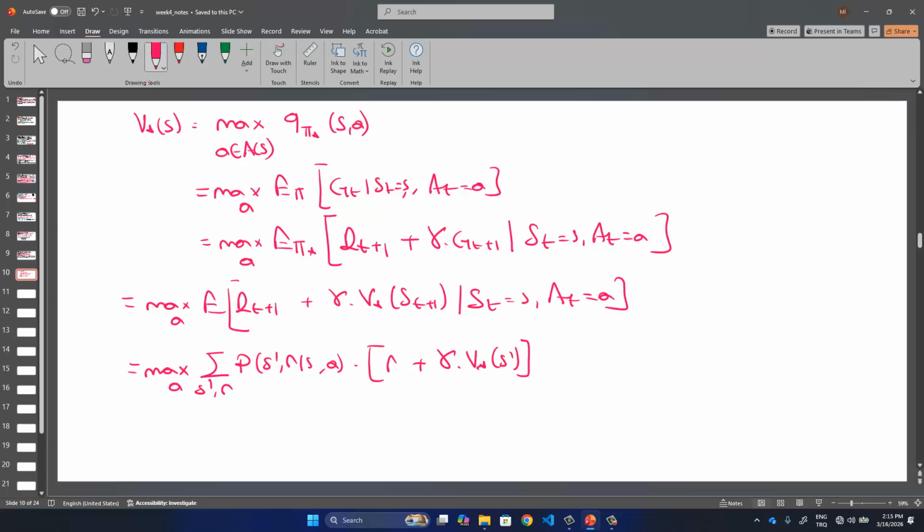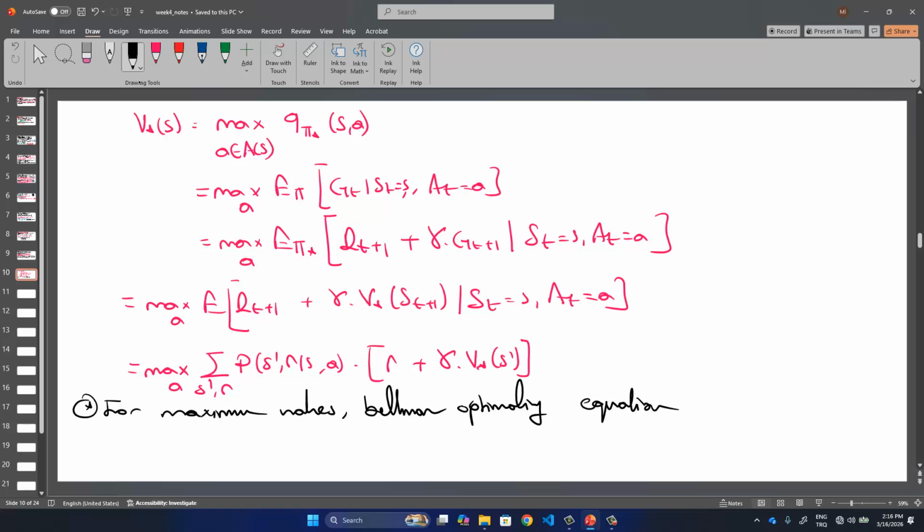And so, for the maximum values, the Bellman optimality equation is this one. This is Q star S A, which is equal to what?